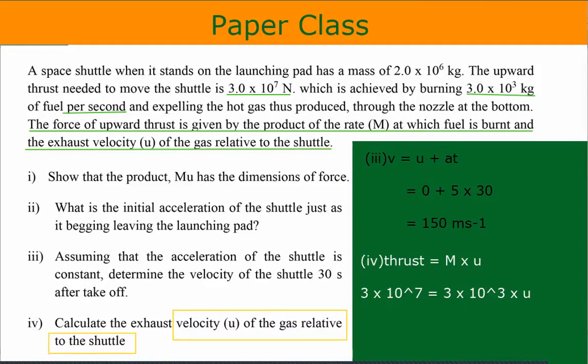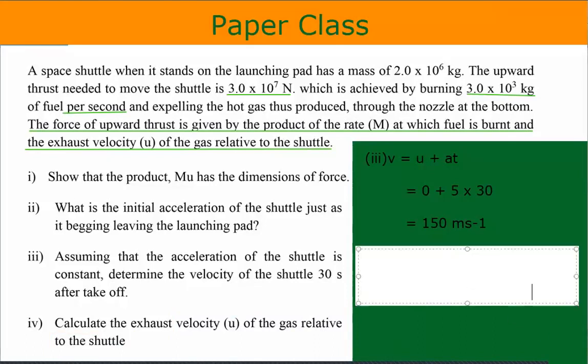Velocity U of the gas relative to the shuttle. Now read the things inside the two yellow boxes. So what is U then? U is the velocity of the gas relative to the shuttle. We are calculating it. Okay, thank you, dear. So let's do the calculations.